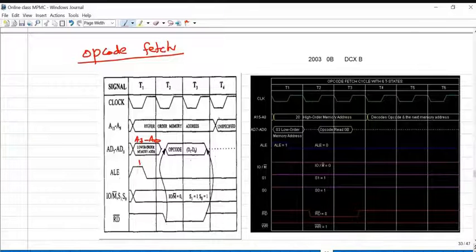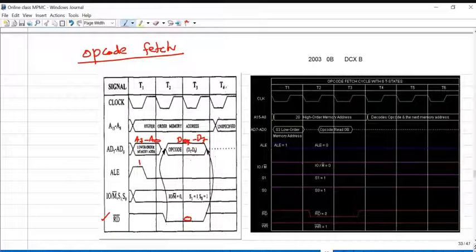During T2 to T3, the read bar signal must be enabled, by making 0 on this line. At that time AD0 to AD7 can act as the data bus D0 to D7. So in that particular address location, whatever opcode is saved will be placed on AD0 to AD7.